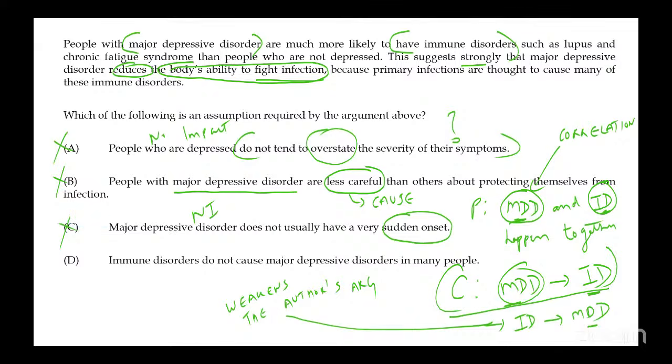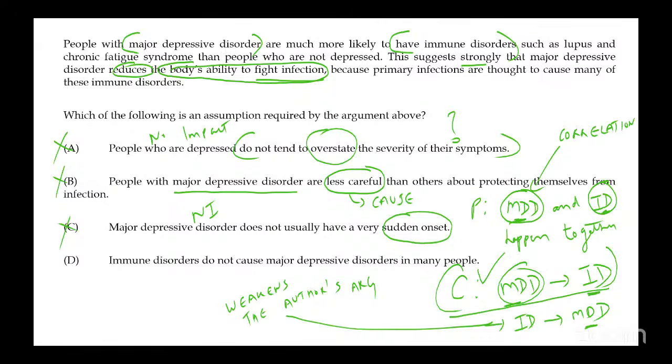Look at D. Immune disorders do not cause major depressive disorder. Remember, we said immune disorder. If immune disorder is causing depressive disorder, then the author's argument is weakened because the author is saying depressive disorder is causing immune disorder.